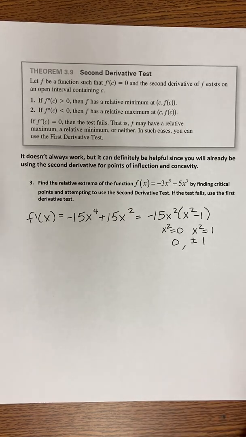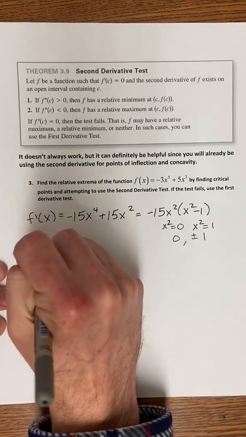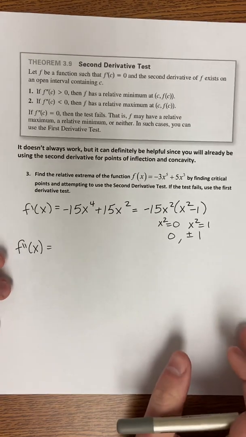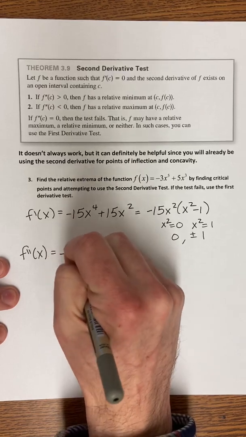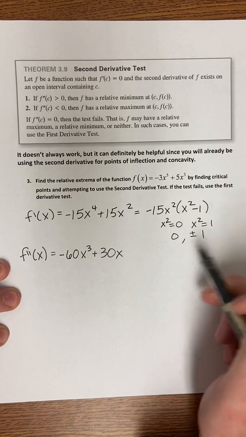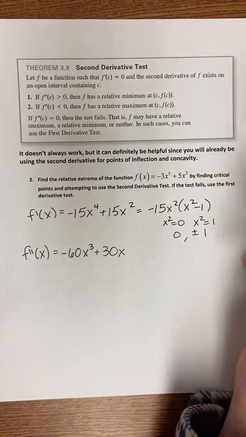Now normally in the first derivative test we would make our chart, but there's a fast way to determine whether these are maximums or minimums if you don't need to find increasing and decreasing. The second derivative here is negative 60x cubed plus 30x. If I plug all of these values in, I can maybe determine if they're maximums or minimums.